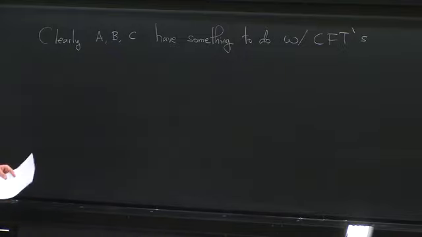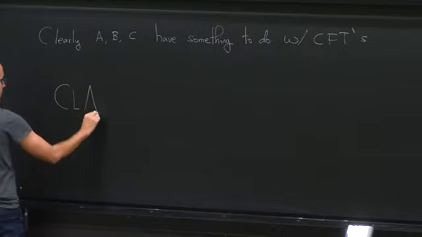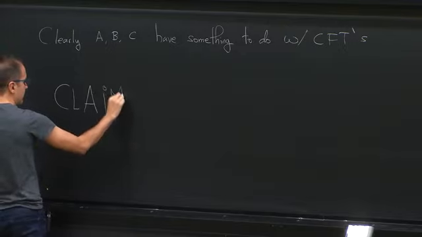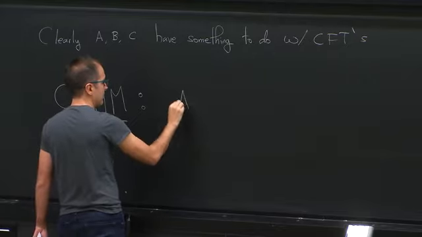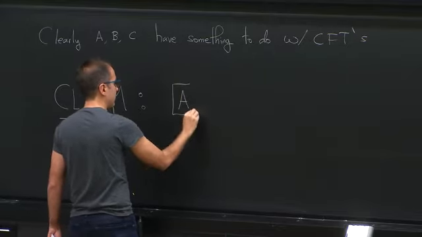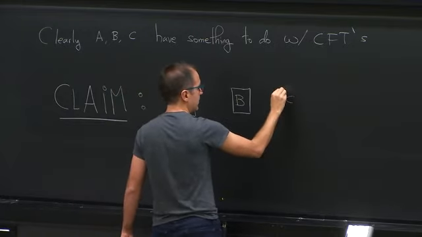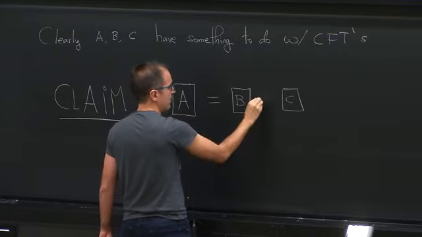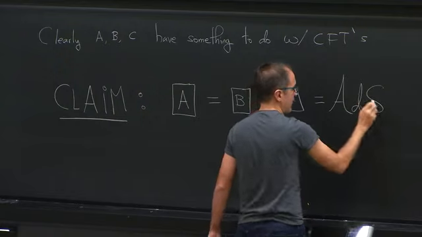I hope you believe me that they all seem kind of morally or psychologically related to CFTs. And now let's make here a big claim: that these spacetimes A, B, and C defined basically are the same spacetime. And this is what is called the AdS spacetime, anti-de Sitter spacetime.